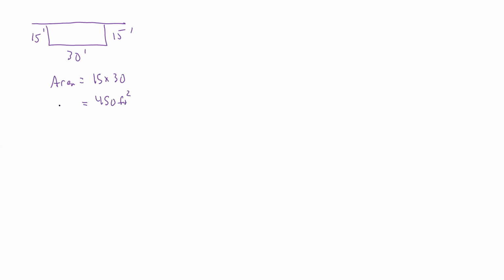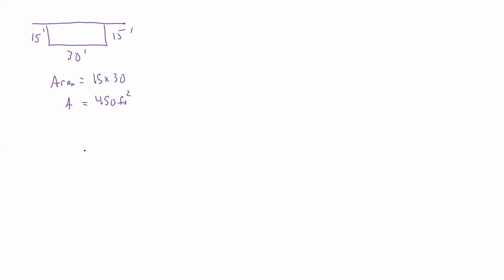So if we go back over here and draw our picture in, our x was 15, and that's feet, and our y was 30 feet. And so our area is going to be 15 times 30, which is going to be 450 feet squared. So that's going to be the area of our garden, okay?